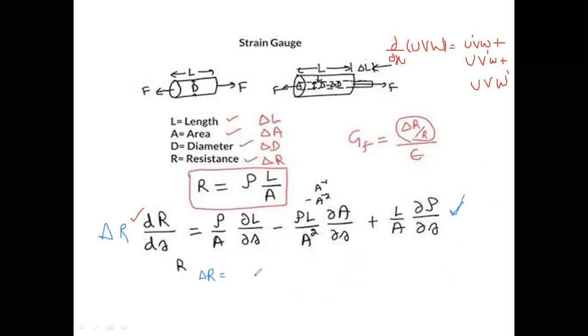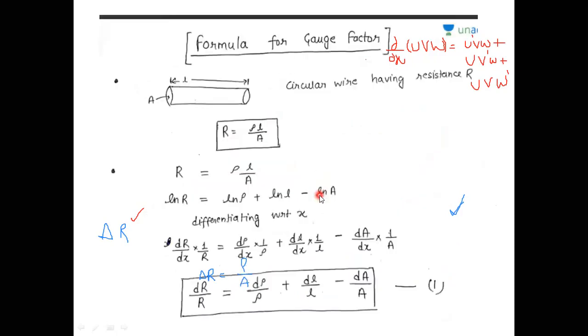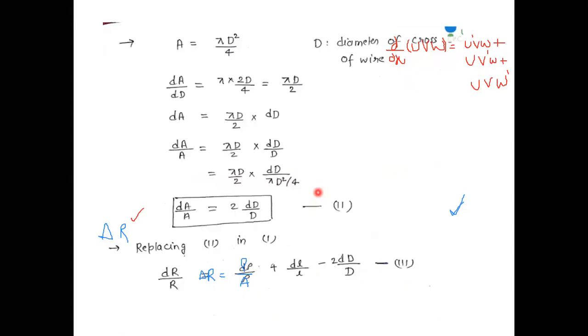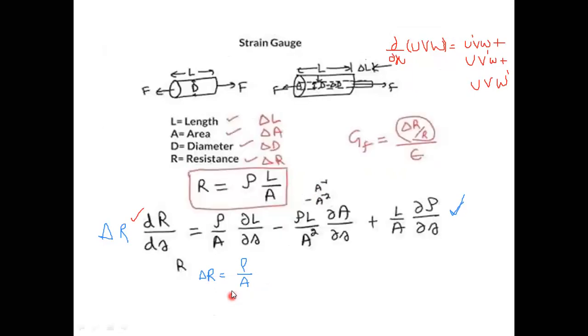Delta R equal to rho by A, dou L by dou S means change in length by applied stress.